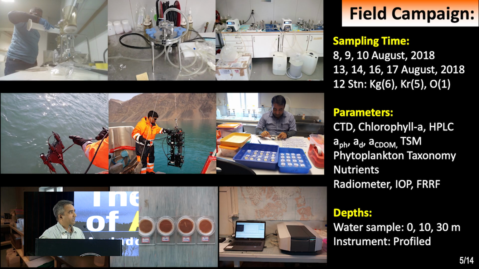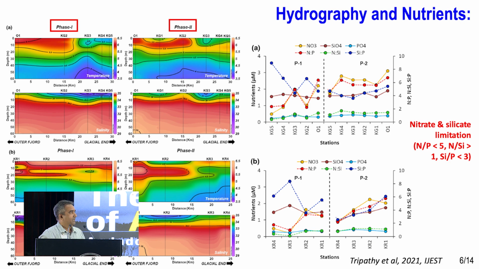A field campaign took place in 2018, and we sampled the fjords in 2 phases with a gap of 10 days. So I am going to show how the fjords responded in the gap of 10 days. Coming to hydrography and nutrients, if you see the top left panel, there are phase 1 and phase 2, and the upper 4 panels are Kongsfjorden.